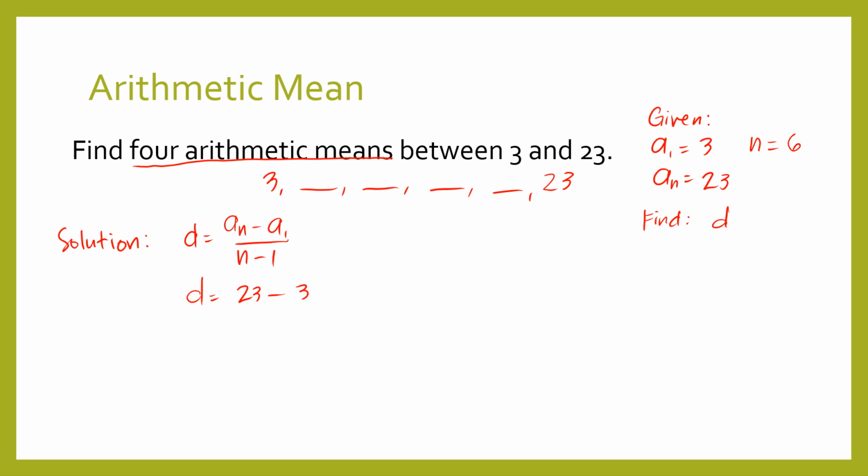So 23 minus 3 over n minus 1, which is 6 minus 1. Simplify. 23 minus 3 is 20, divided by 6 minus 1, which is 5. Then simplify 20 divided by 5. So our common difference now is 4.